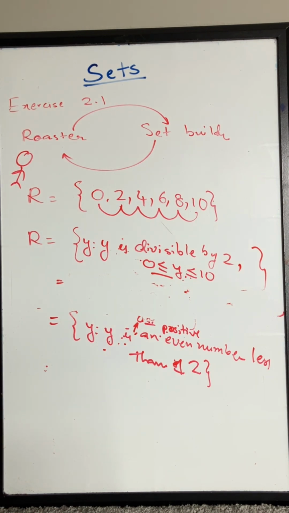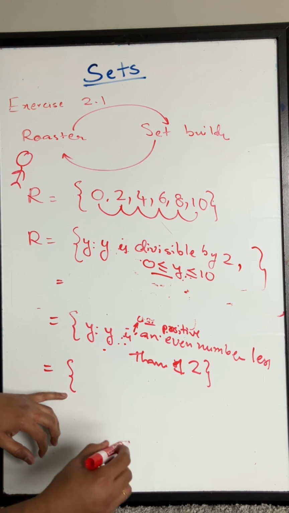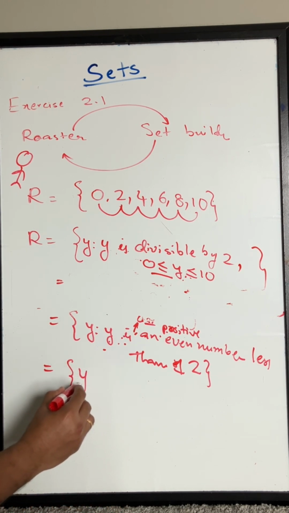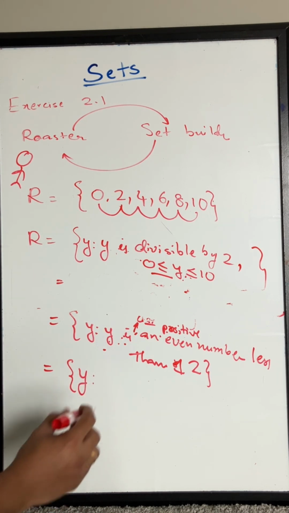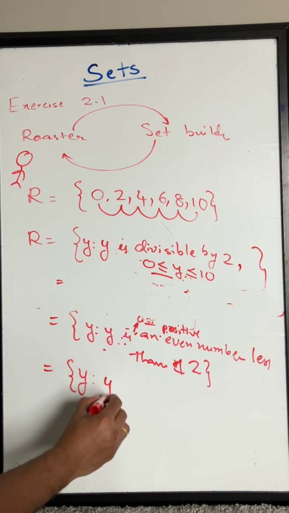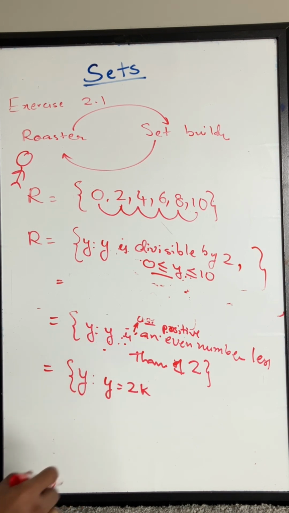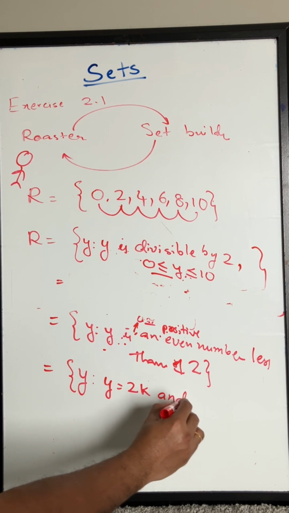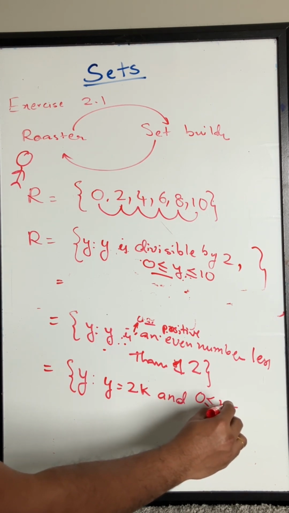So I'll write the set of y such that, for all y, y equal to 2k and 0 less than or equal to k less than or equal to 5.